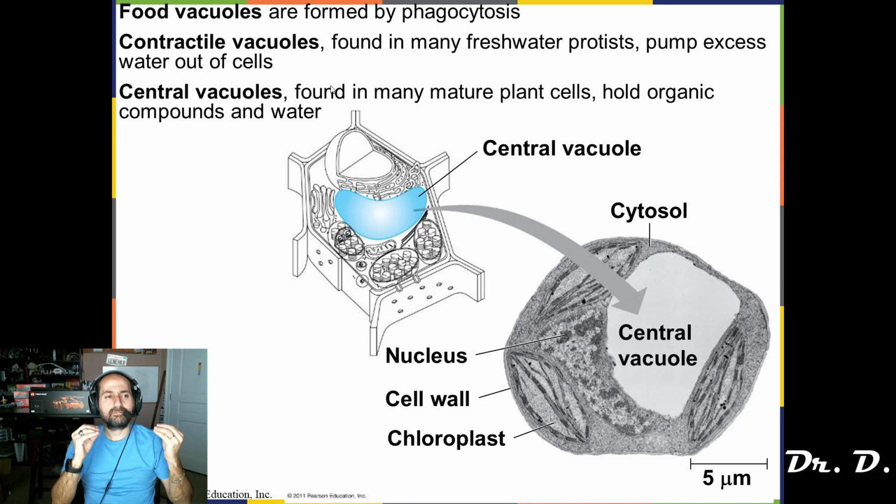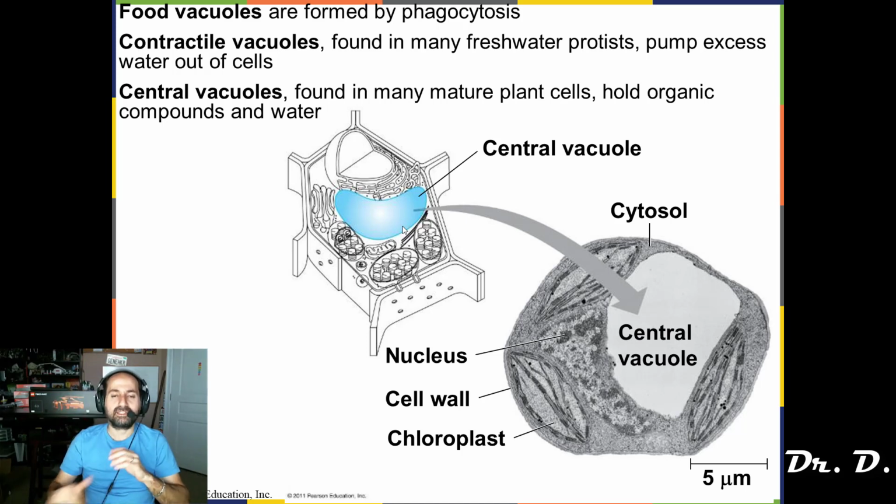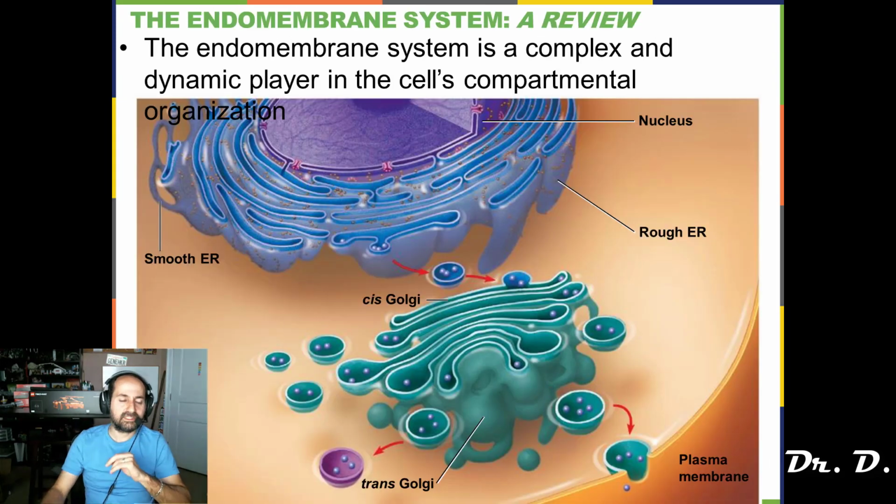So to prevent explosion, creatures that don't have a cell wall might have what's called a contractile vacuole. Think about it as a central vacuole that fills with fluid, but then squeezes that fluid. It contracts to squeeze that fluid out of the cell, preventing the cell from exploding or lysing. Okay, so it's an interesting example there.